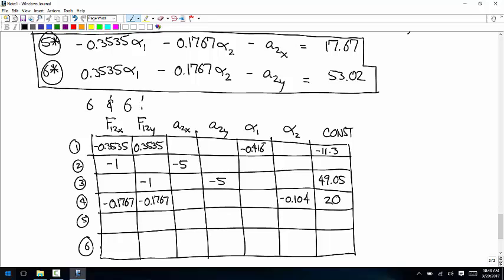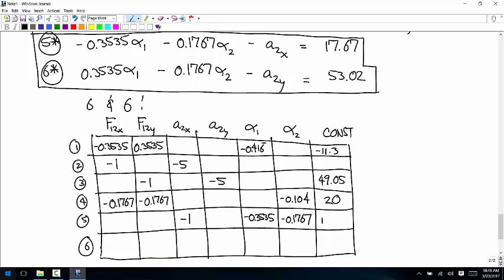And then equation 5, a2x, we have negative 1. Alpha 1, we have negative 0.3535. Alpha 2, we have negative 0.1767.